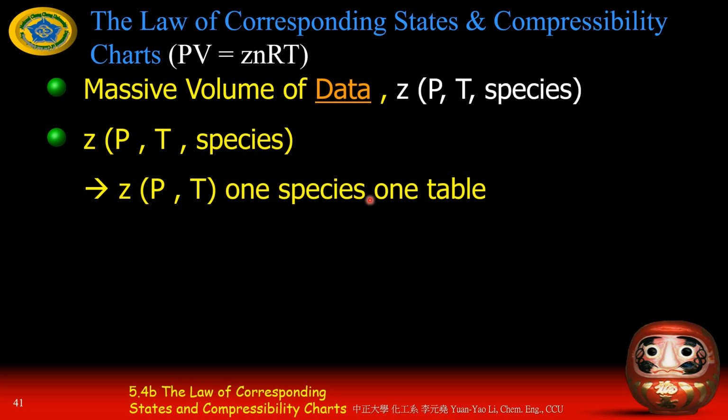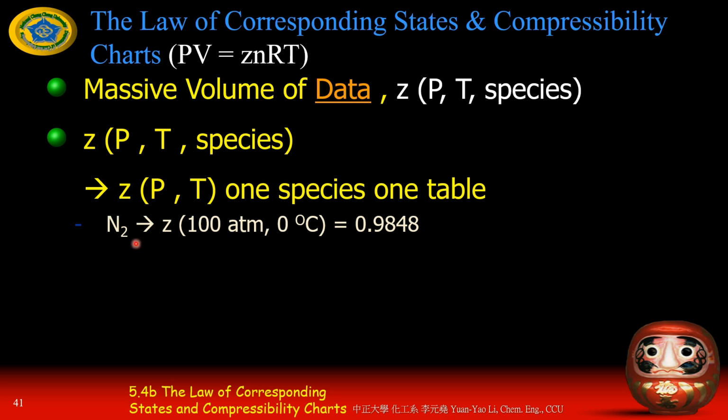One species, one table, like I just told you. Air, table 1, carbon dioxide, table 2, methane, table 3. Again, it's very troublesome. You could have a whole book only about the tables, right?